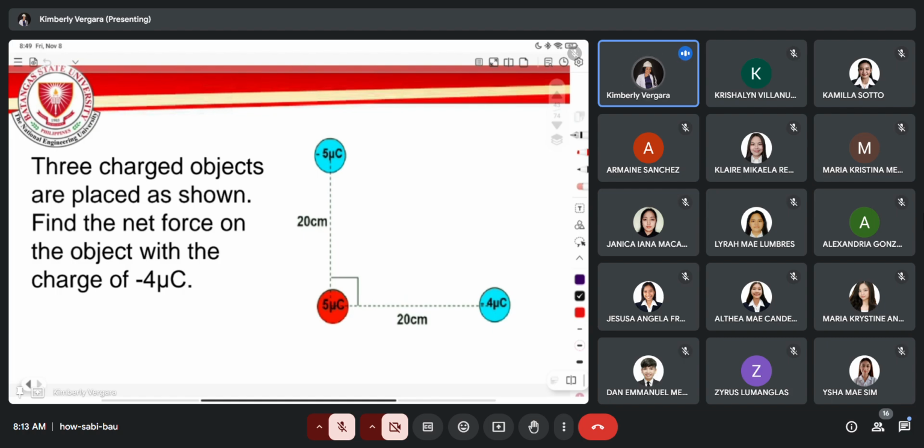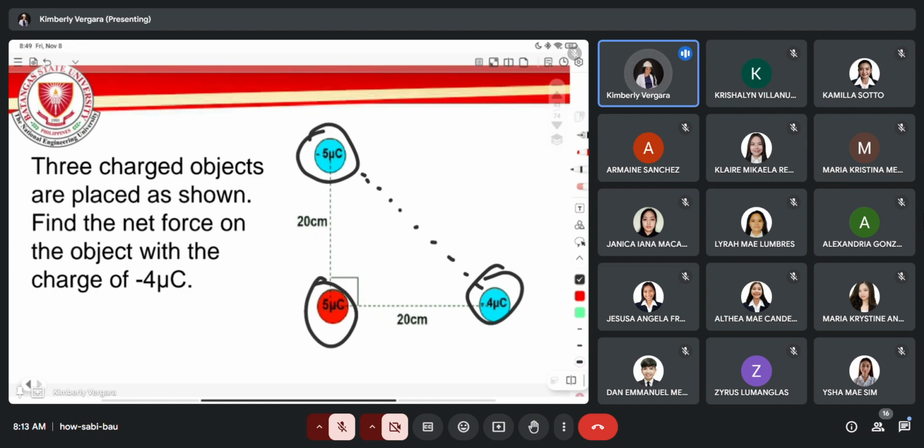Sabihin natin, kay negative 5 microcoulomb, may effect si negative 4 microcoulomb and 5 microcoulomb. Same with kay negative 4, may effect si negative 5 microcoulomb and also si 5 microcoulomb. And same with this one sa last. Ibig sabihin, meron po tayong magiging force, it's either attraction or repulsion.